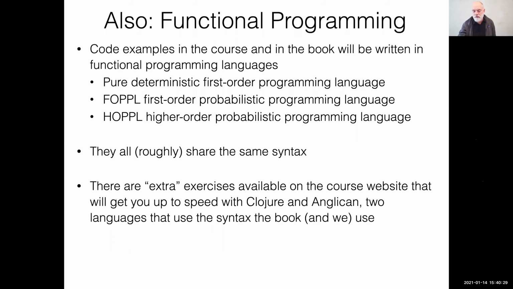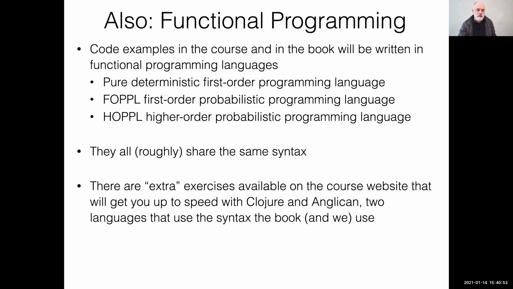It's capable of representing and denoting infinite dimensional probability distributions, and has the same sort of expressivity as standard programming languages like Python, so on and so forth. All of these three languages that we'll talk about in the course to establish the mathematical ideas roughly share the same syntax.